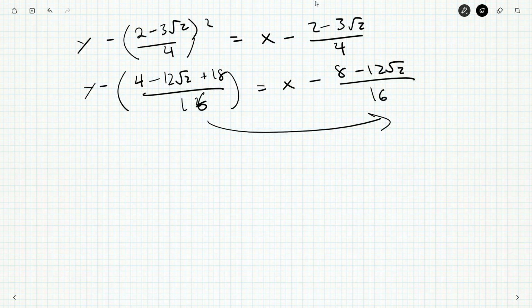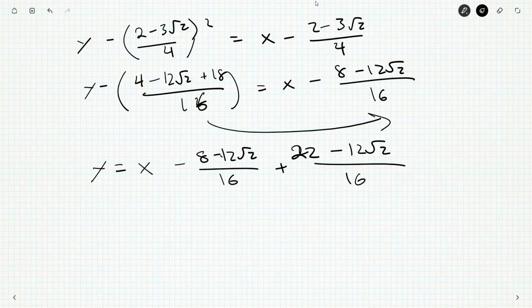Bring this over to the other side and get it in y equals mx plus b form. Y equals x minus 8 minus 12 root 2 all over 16 plus 22 minus 12 root 2 all over 16. Change this to a plus, put the minus signs up there.